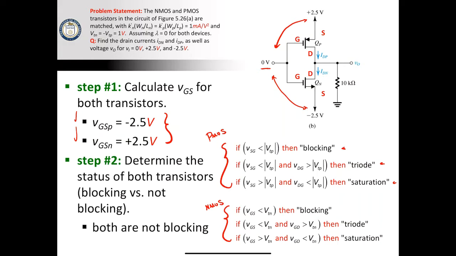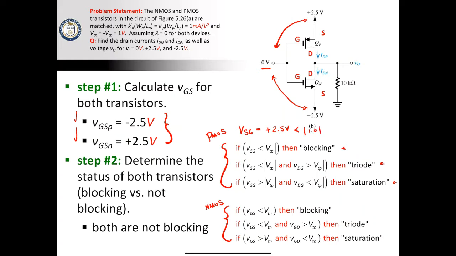Let's try to spell out these inequalities. So over here for the PMOS, VSG would equal positive 2.5 volts. Is that less than the absolute value of 1.0 volts?